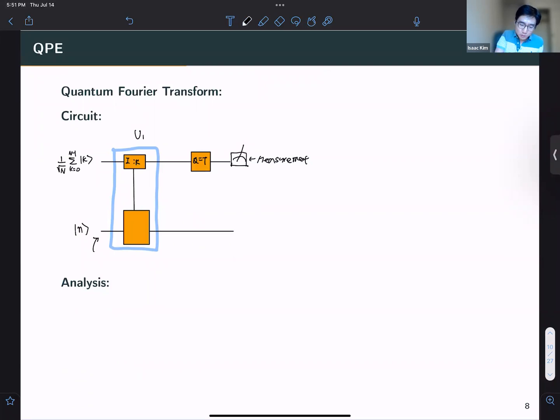Without loss of generality, let's say I have an integer x. Then under the quantum Fourier transform, which is a unitary transformation, it acts on every basis state in the following way.